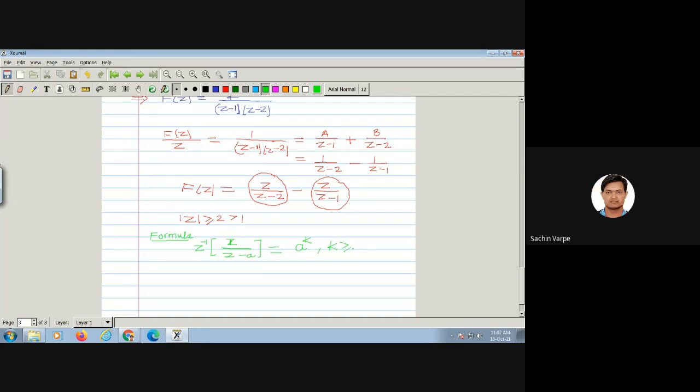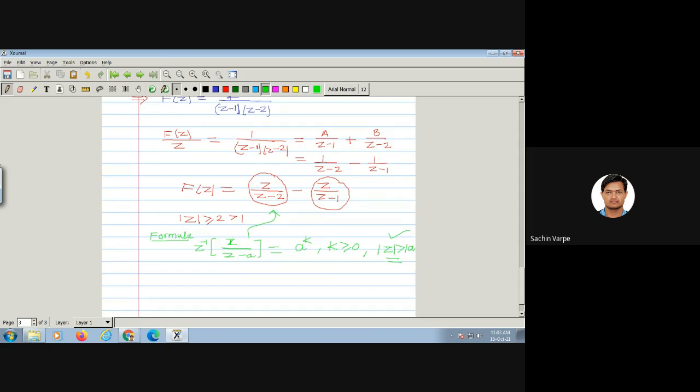This formula we can apply to both of these, because mod z must be greater than mod a also. This is an important condition on the ROC.